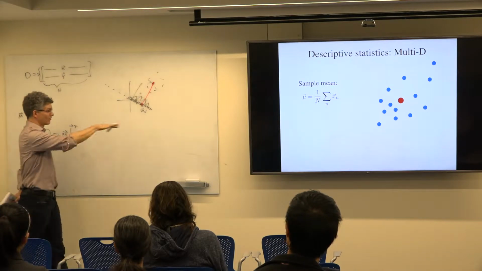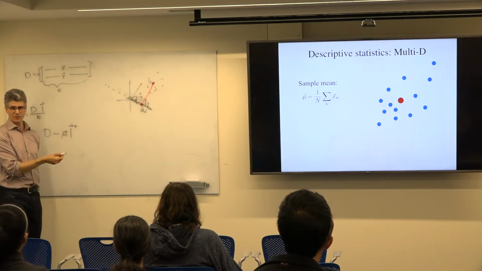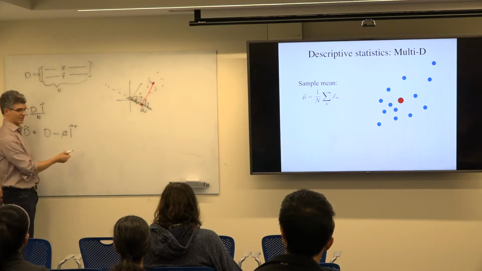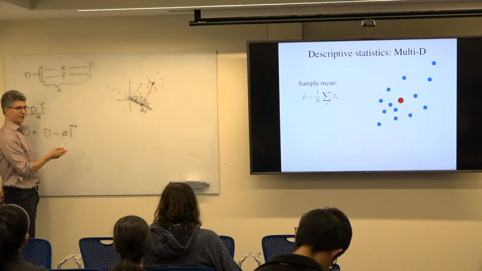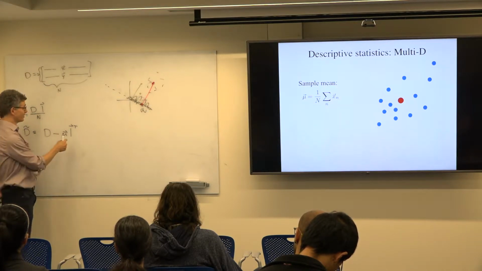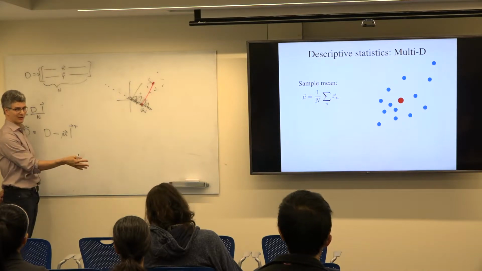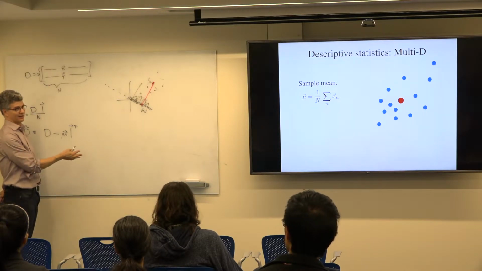We want a row vector of 1s. Now this is an outer product, though not of two things of the same size. That's okay, because they are suitable for matrix multiplication. You can't take an inner product of these two things, because this has length 2 and that has length n. It doesn't work. But you can take an outer product.